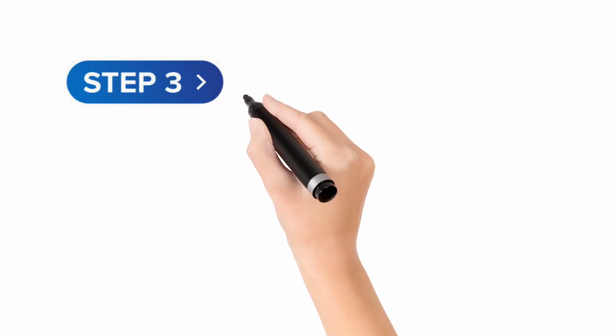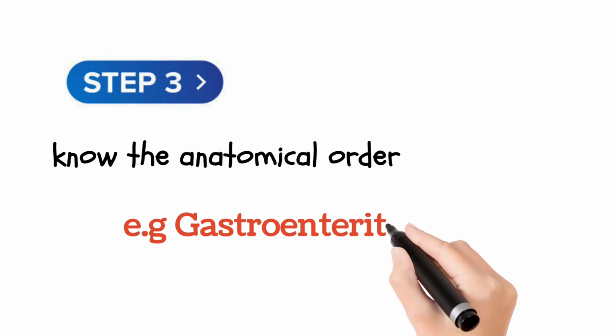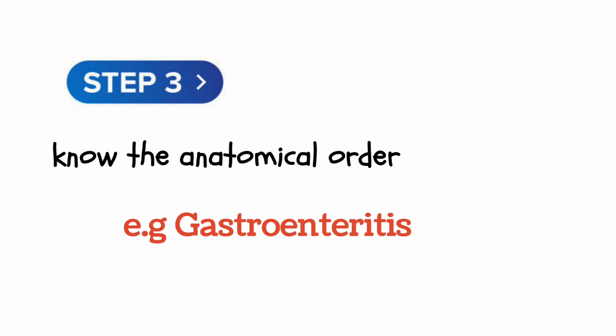Then the last guideline is know the anatomical order. Where body systems are involved, the words usually are built in the order in which the organs occur in the body. For example, the word gastroenteritis, which means inflammation of the stomach and small intestine.